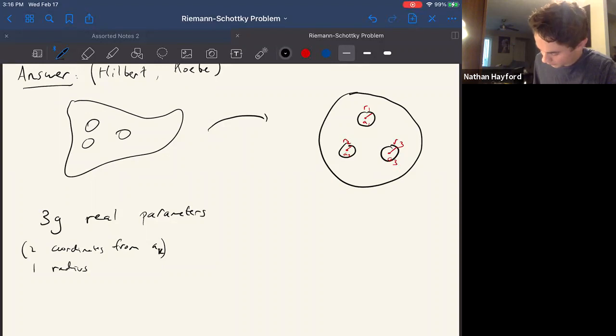So that's a total of 3 times the number of holes. And then we have to mod out by Mobius transformations. So that's an overall subtraction of 6 parameters. So we get rid of 6 parameters by the action of this Mobius group.